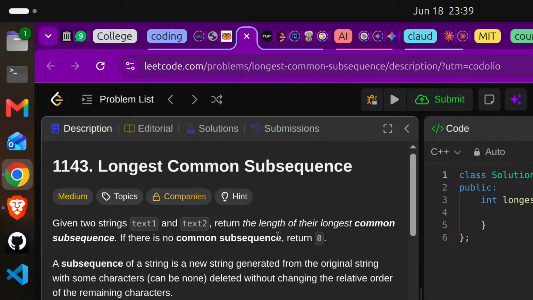Else, in the else case, skip 1 equal to s1, s2, i minus 1, j, count, skip 2 equal to s1, s2, i, j minus 1, count, and we have to return max of match path, skip 1, skip 2, like that. Right.